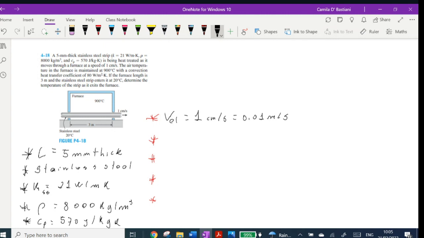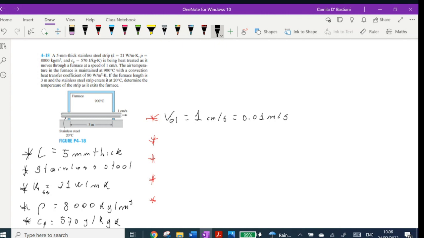And it's being heat treated as it moves through a furnace. So we're talking here about a heat treatment. You saw that in materials that we can have some types of heat treatment, okay? So this is a type of heat treatment that occurs in a furnace where we pass a stainless steel through a furnace.